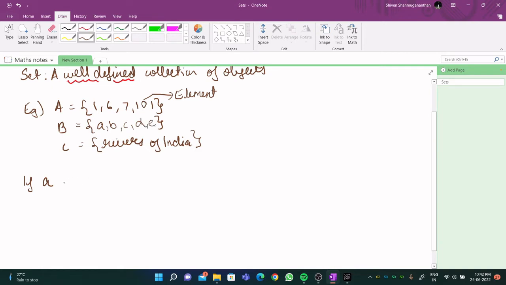So if a is an element of the set B, as we can see here, then we write a belongs to B. Now this is read as belongs to.